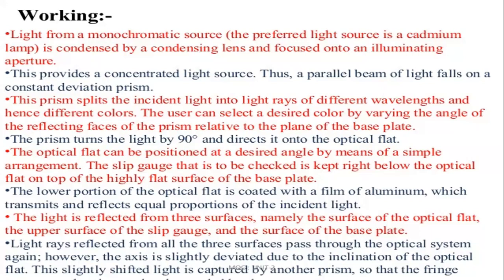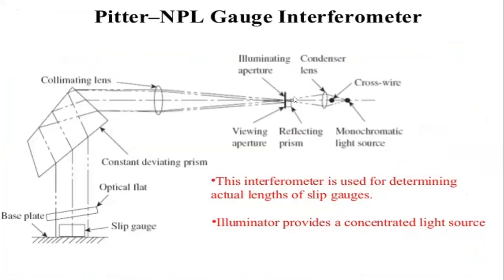and this is condensed by a condensing lens and focused onto an illuminating aperture. So from the condensing lens, this is sent to the illuminating aperture.